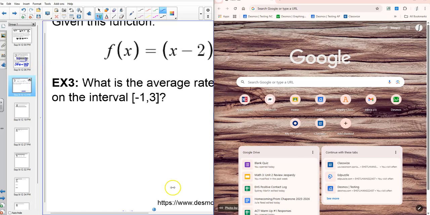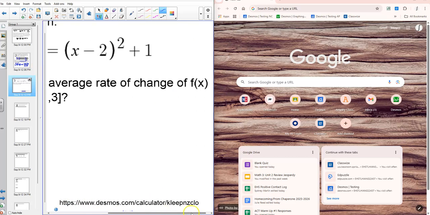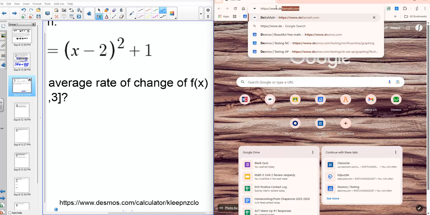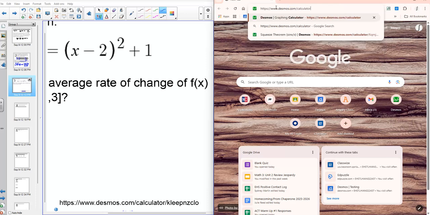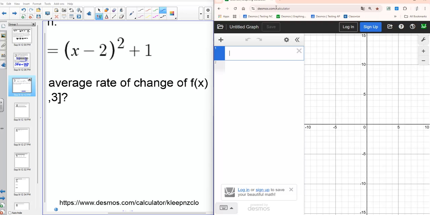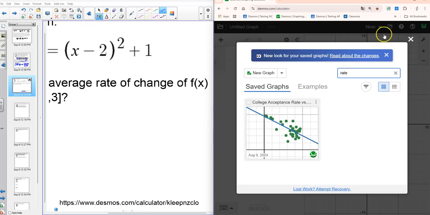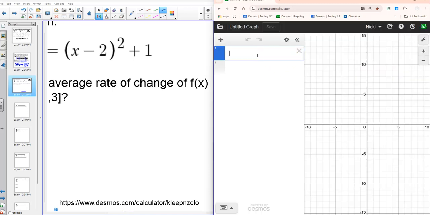I'm going to type it in. That didn't do much, did it? We're not going to be able to find that. Alright, well, I'll just have to graph what I was going to look at.